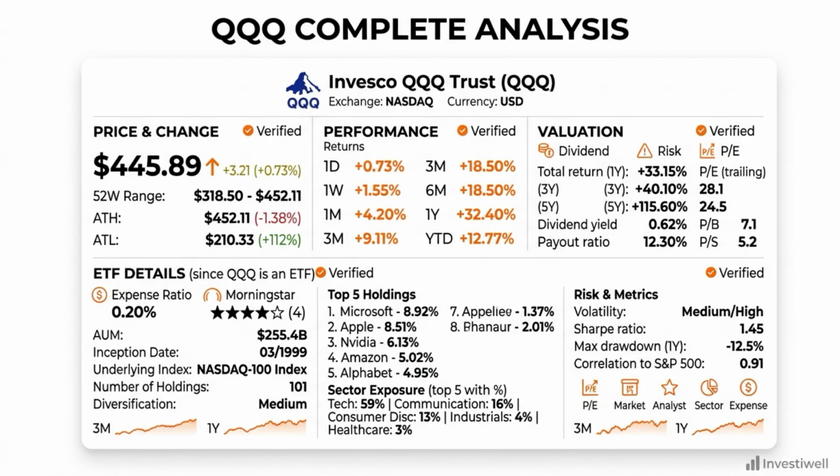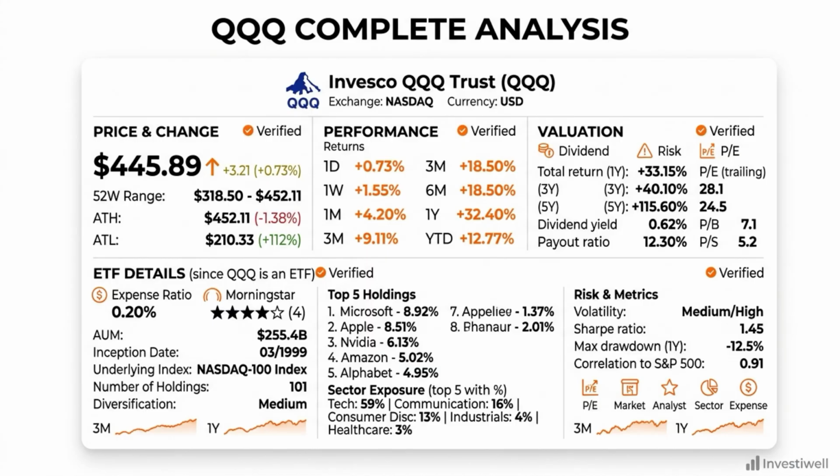Well, you are highlighting the core philosophical divide between value and growth investing right there. Okay. Because a value investor looks at a PE of 28.1 and immediately walks away. They prefer to pay, say, 12 or 15 times earnings for a mature, slower-moving company. Right. But the growth investor looks at that exact same 28.1 PE and sees a time machine. A time machine. Yes.